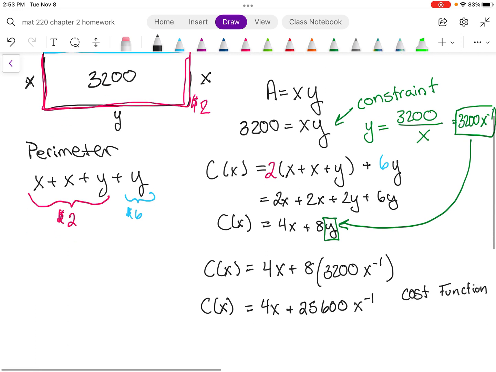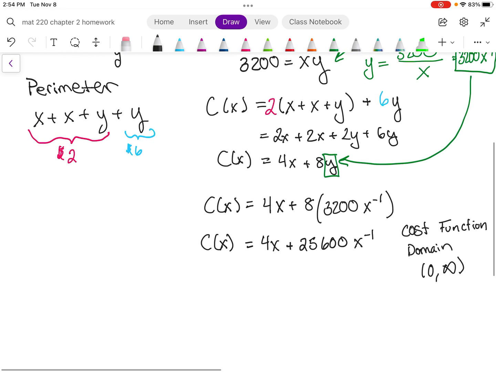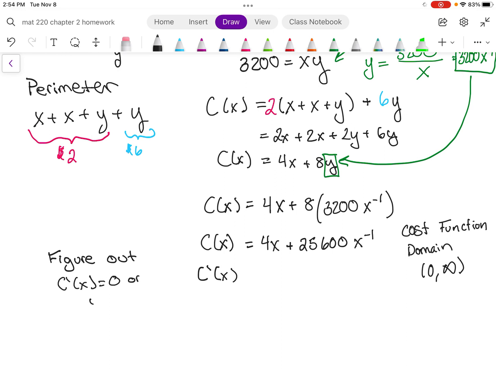So I do have a restricted domain. My domain is basically all positive numbers. There's no max value here, but it can't be 0. So I'm going to now find my derivative because I need to figure out where c prime of x equals 0 or is undefined.